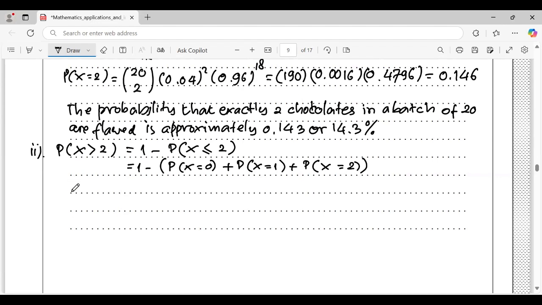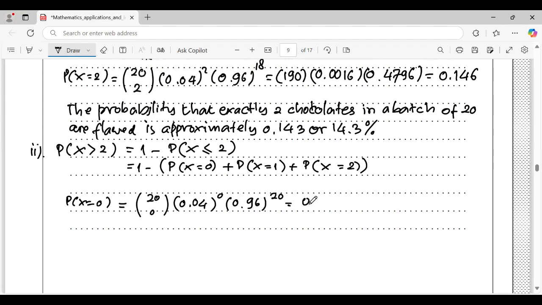Right. So probability x equals 0 is combination 20, 0, times 0.04 to the power 0 times 0.96 to the power 20.